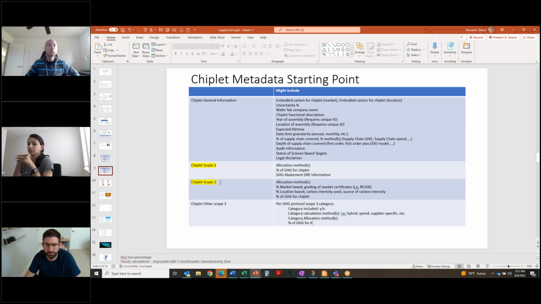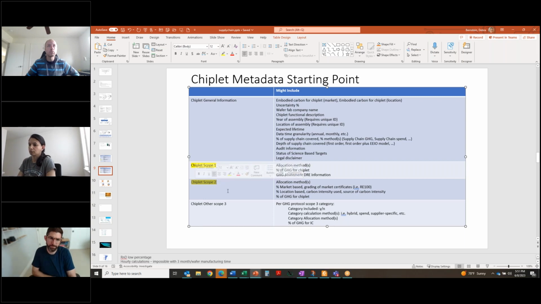But you can see, for the manufacturing of each chiplet, organization scope 2 would be one of the things we would want them to break out, if possible, and we would want them to discuss what method they used to allocate all of the energy that their factories consumed over probably a year.